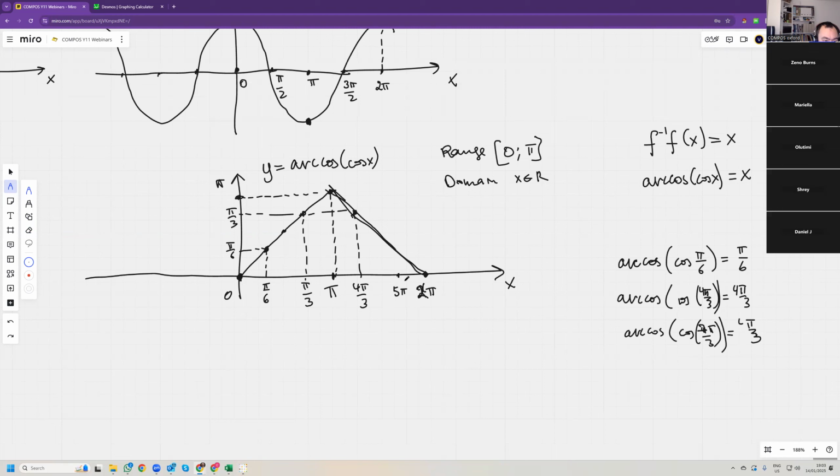That must be 11 pi over 6. So arccos of cos pi over 3 is pi over 3, arccos of cos 4 pi over 3 is pi over 3.